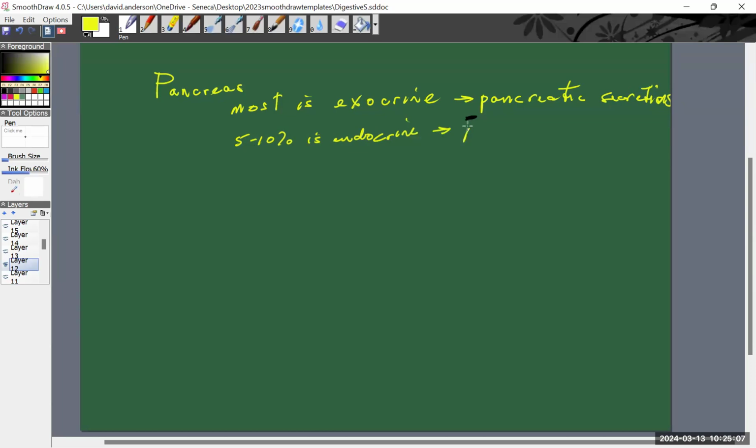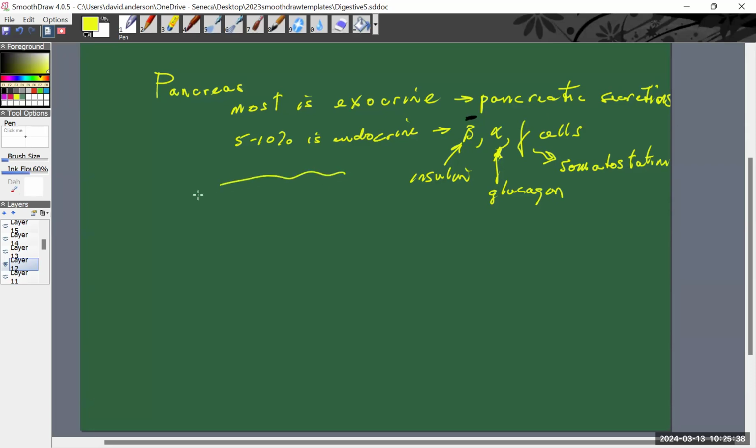And that was our beta cells, our alpha cells, and our delta cells. Beta cells produced insulin. Alpha cells produced glucagon. And our delta cells produced somatostatin. So those are the clusters of cells.